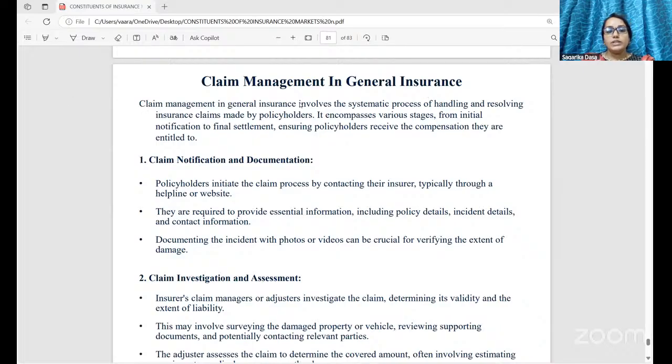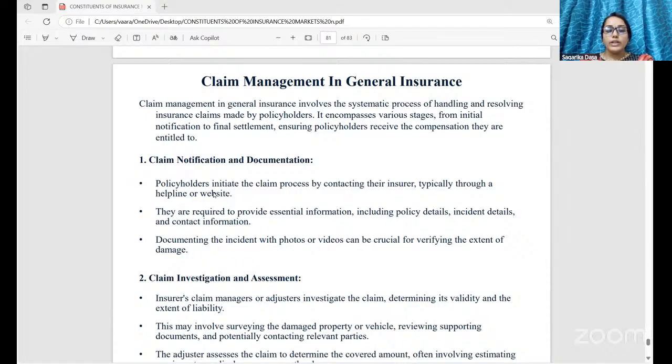Claim management in general insurance involves the systematic process of handling and resolving insurance claims made by the policyholders. Now, the steps are included. The first step is claim notification and documentation.